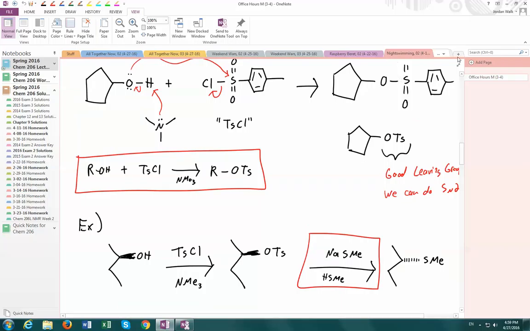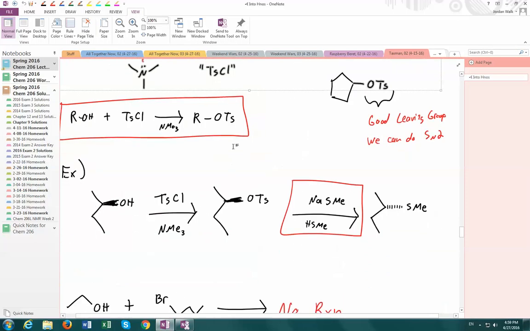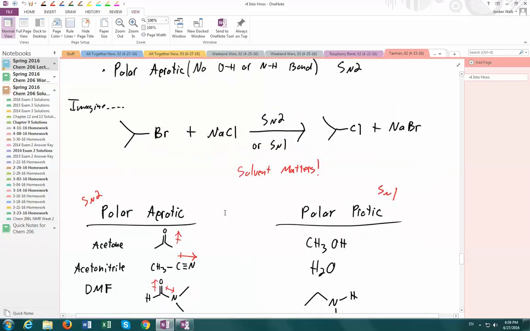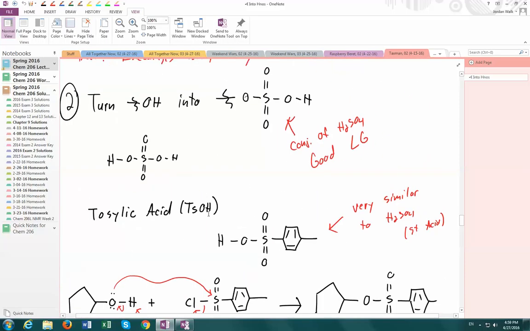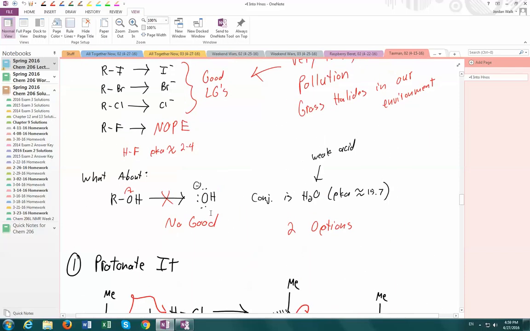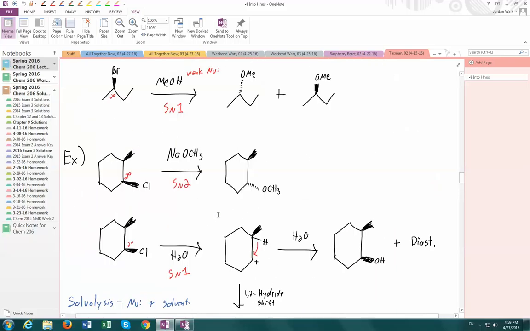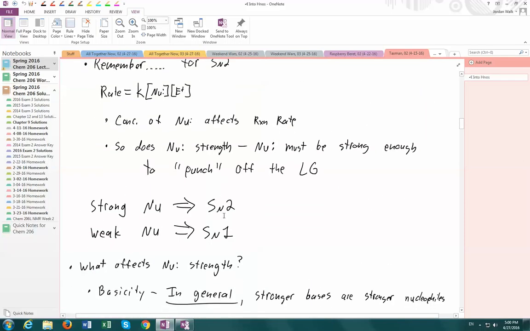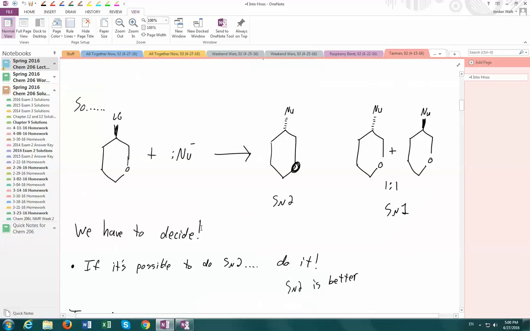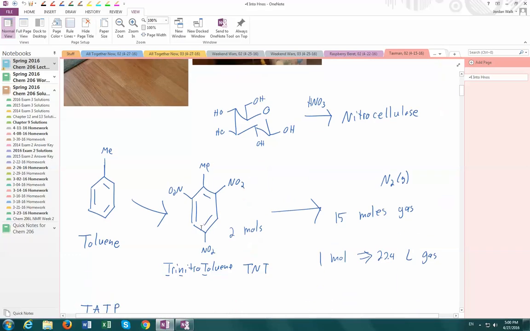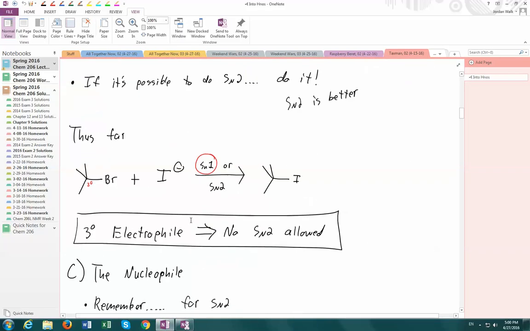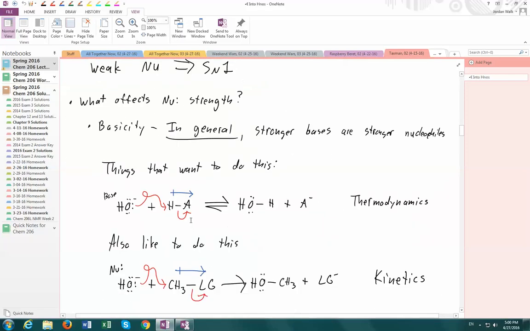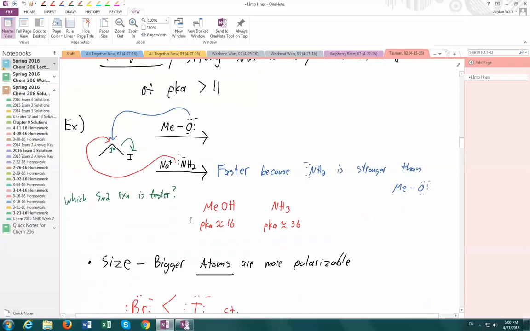Yeah, it's further back than I thought. All the way back to tax, man. Okay, where is it? Did we pass it? Oh, the nucleophile.